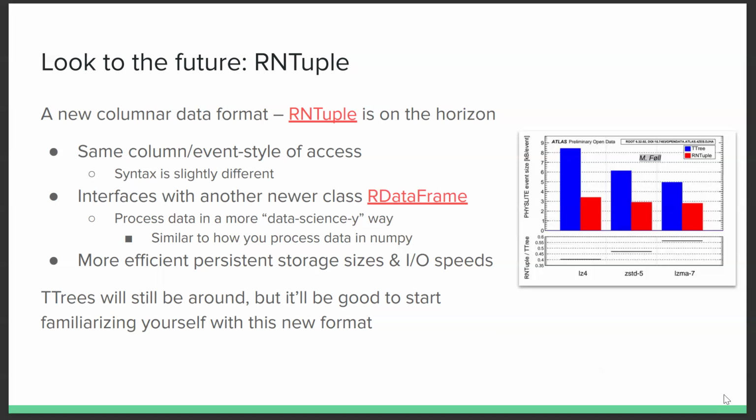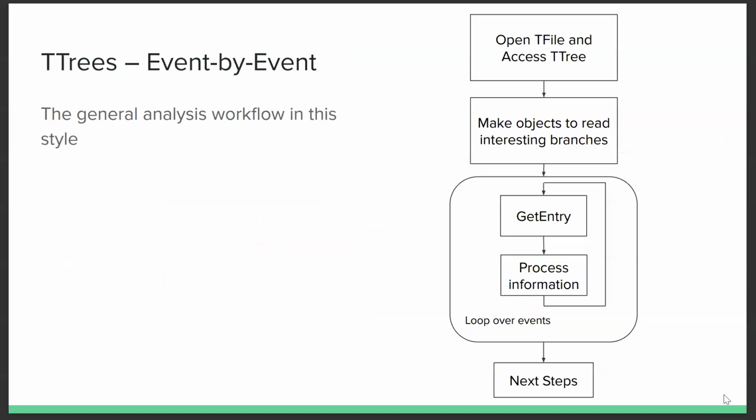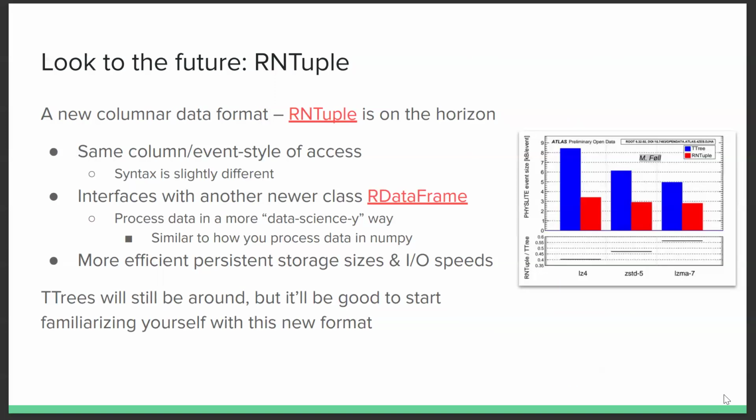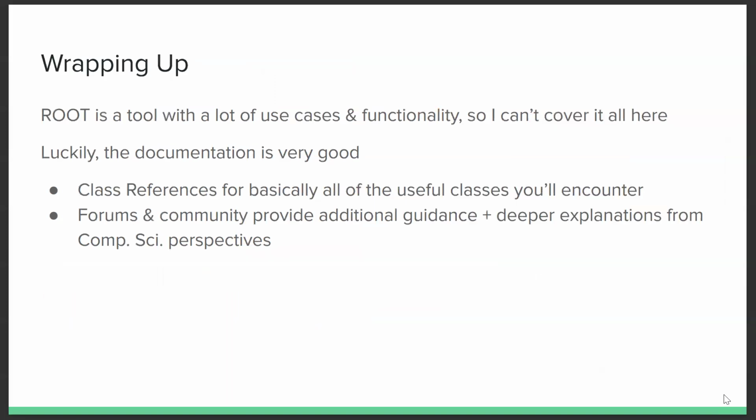Anyways, I bring this up and I say in a bit of a joking way that all the information about TTree will be overwritten. It's not exactly true. The same style of information getting will remain. You can still do this sort of event loop, but you can do cooler things with data science kinds of techniques. Okay, all right, so let's wrap up.